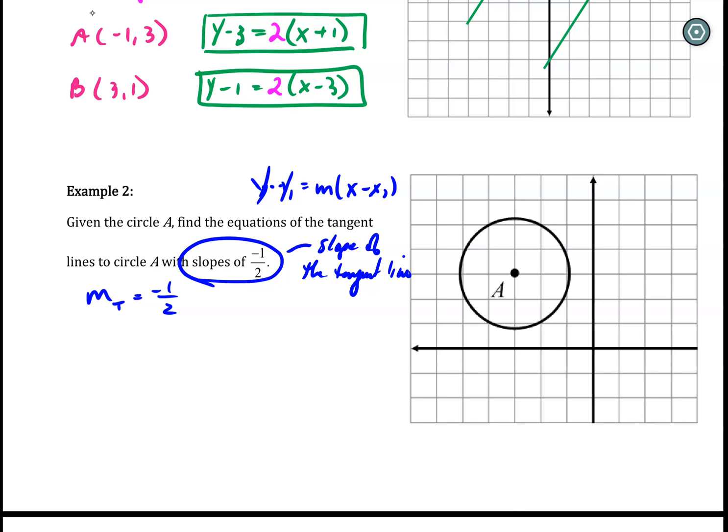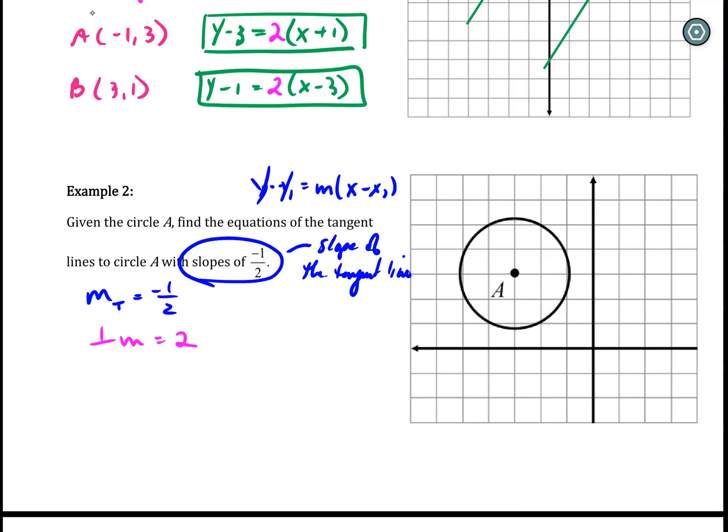But we don't know the points. We don't know what the points are on this graph, so we've got to work backwards. In this case, if the slope of the tangent line is -1/2, its perpendicular slope would be 2, right? So I'm going to have a slope that's perpendicular to that, aka the radius has a slope of 2.